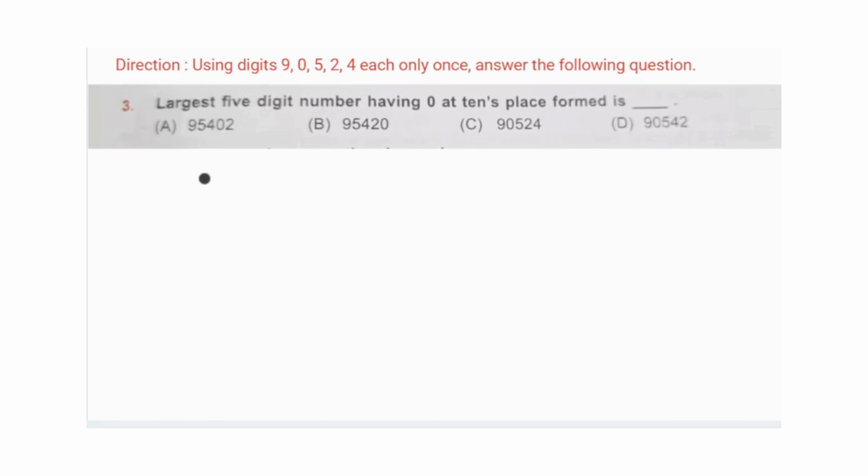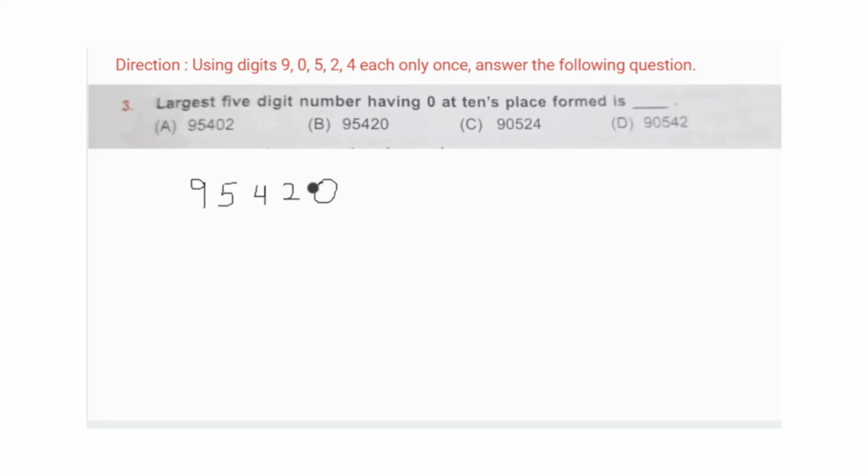Let's first write down all the numbers in descending order, which is 9, and then the biggest number is 5, and then the biggest number is 4, then it's 2, and it's 0.